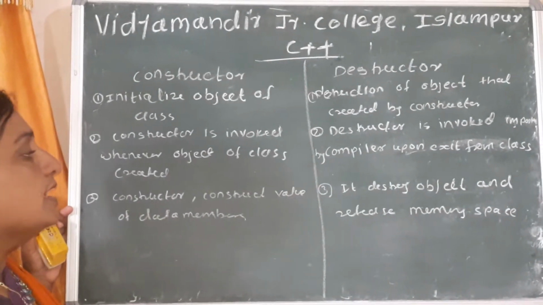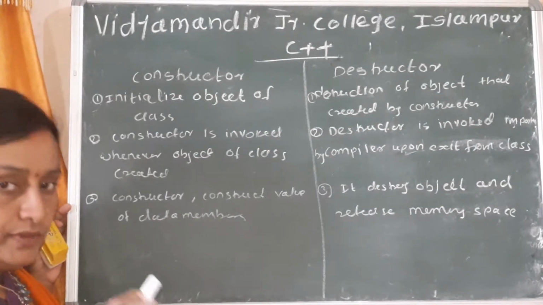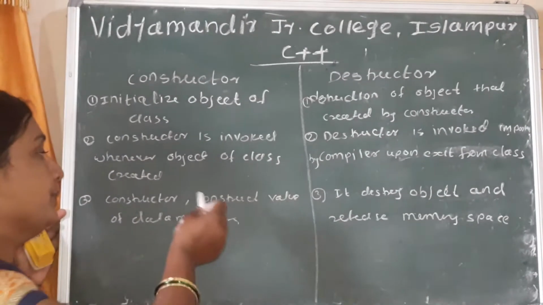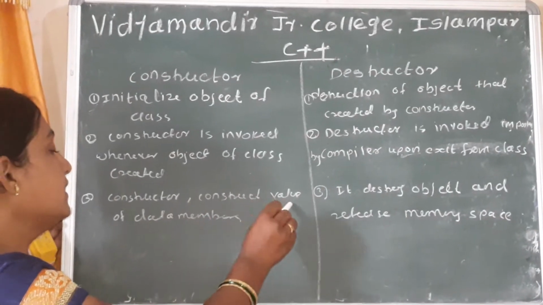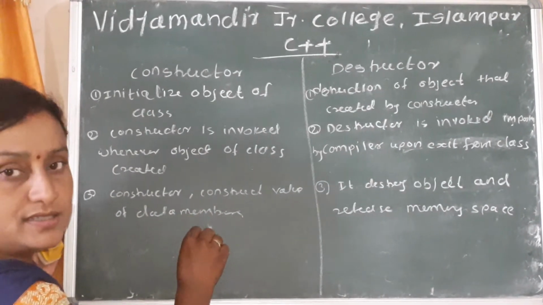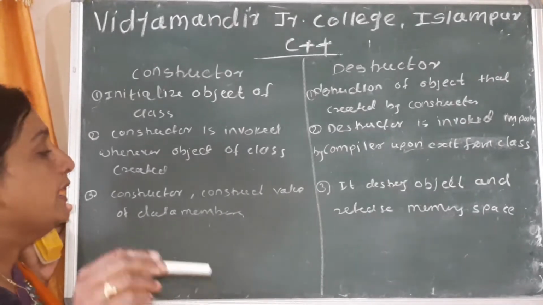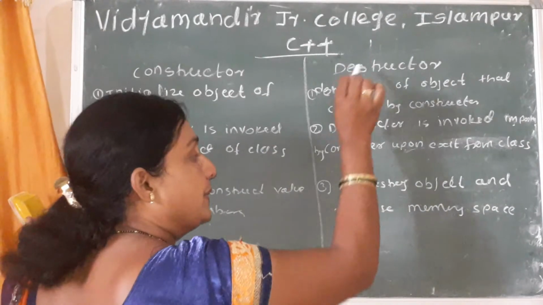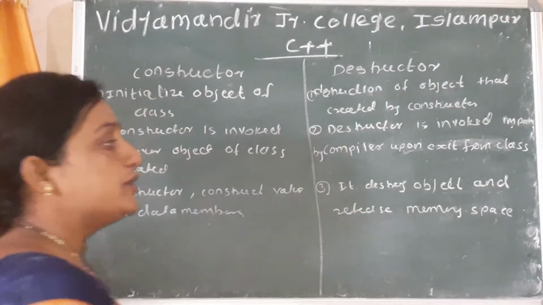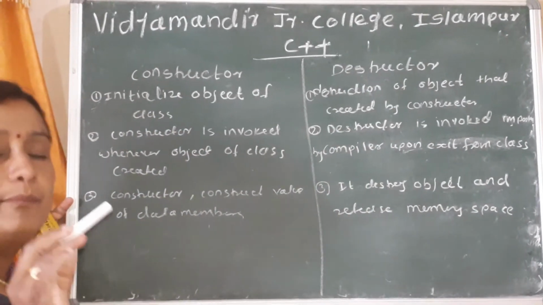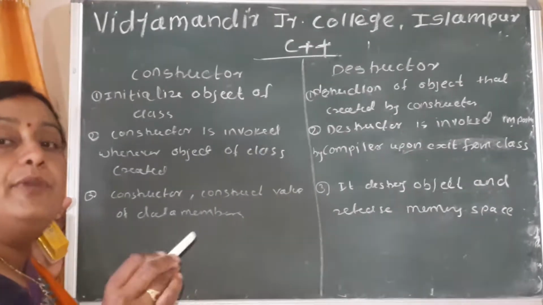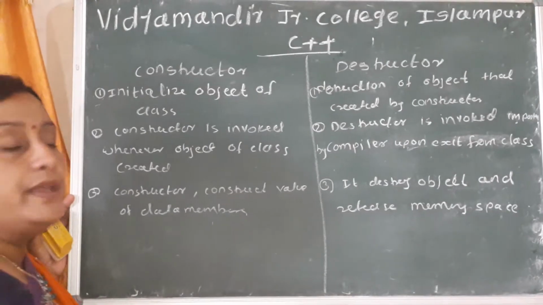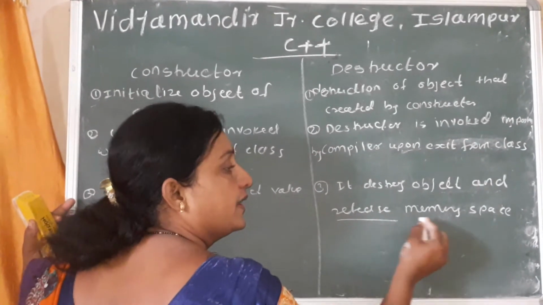And the third one: the constructor is used to construct a value, that is, it constructs the value of the data members. Data members' values can be constructed by the constructor. But the destructor is used to destroy the object of a class. When any object is destroyed, the space is automatically released.